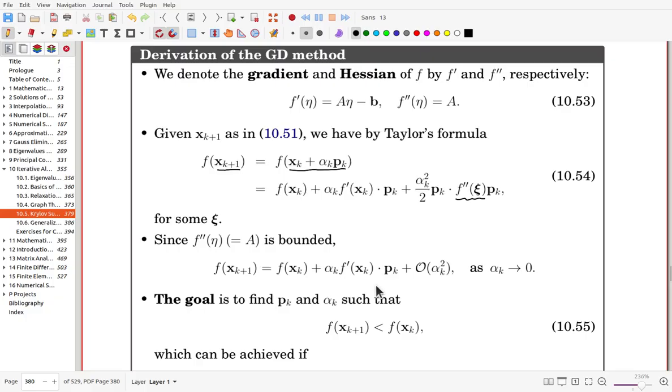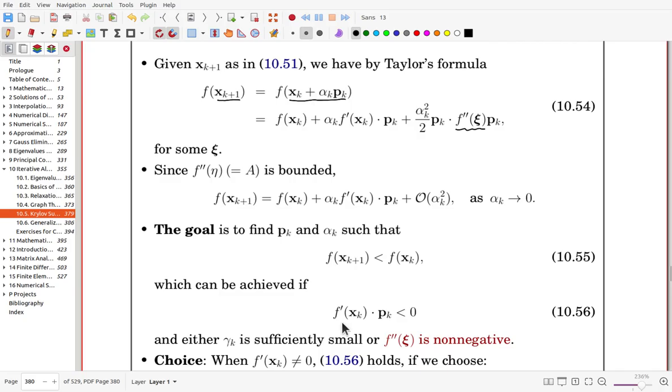Now the goal in the algorithm is to find p_k and alpha_k such that at the new iterate, the function value is smaller than at the earlier x_k. So at the new iterate, the function value must be smaller.